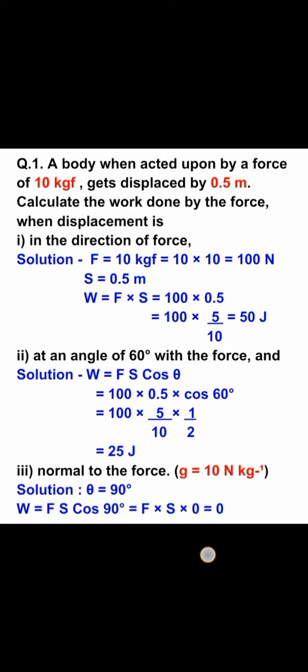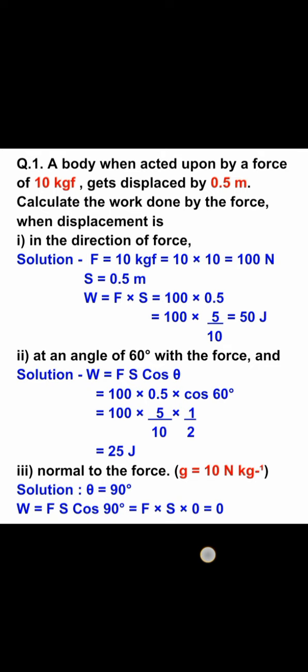Second is at an angle of 60 degree with the force. So when the angle between the force and displacement is 60 degree, that time work done will be equals to Fs cos theta.